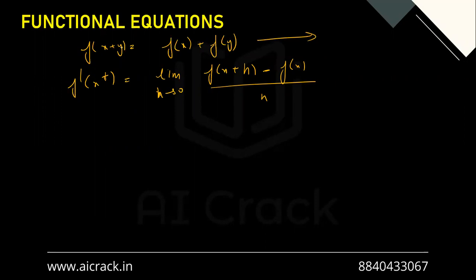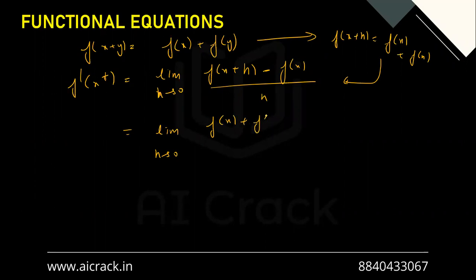I'll put y as h, so f(x+h) = f(x) + f(h). I'll plug this in, so I'll get limit h approaches 0 of f(x) + f(h) minus f(x) divided by h. So this gets cancelled out. What will be remaining? f(h) divided by h.